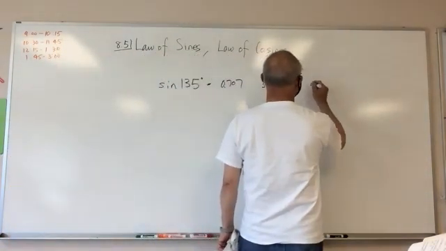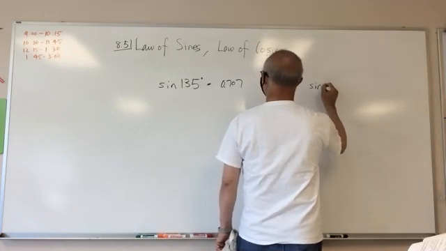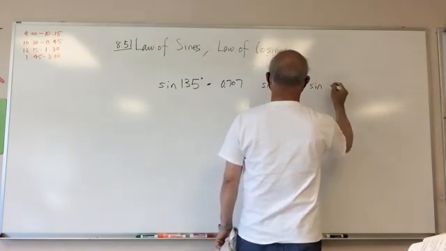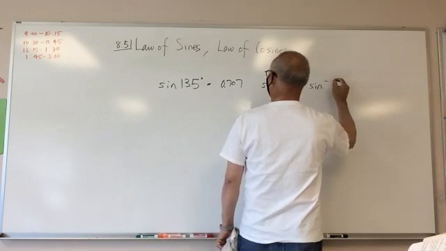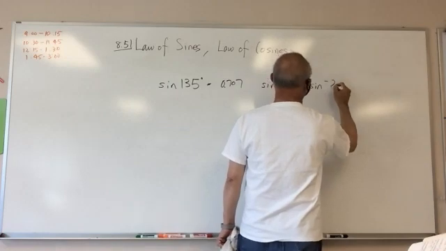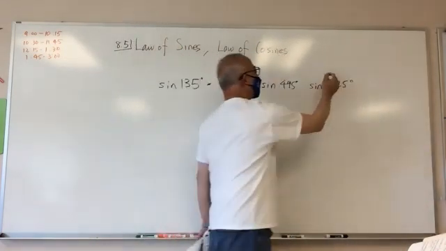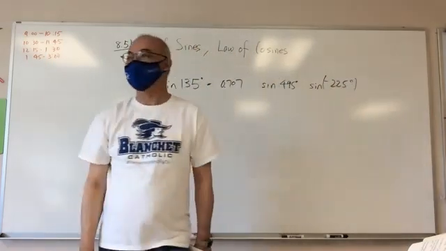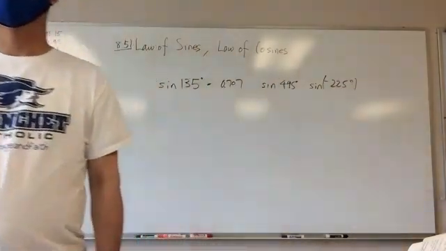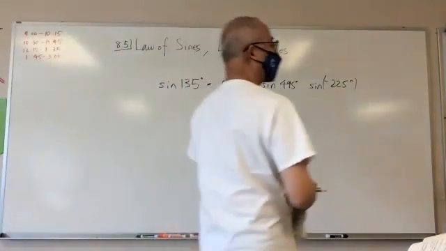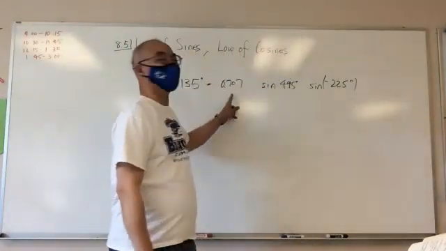What is the sine of negative 225? Can you do that? Error. Yeah, you should have gotten the 0.707.